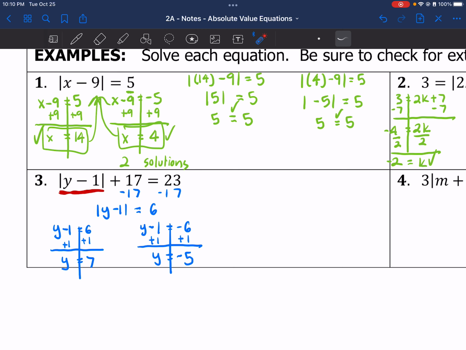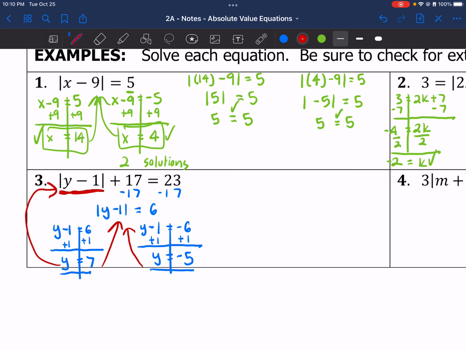So when we are plugging y back in, we want to make sure that we're plugging y back into our original equation with our absolute value. So to make life easier on me, I'm going to plug y equals 7 and y equals negative 5 back into this equation right here instead of plugging it back into this equation.